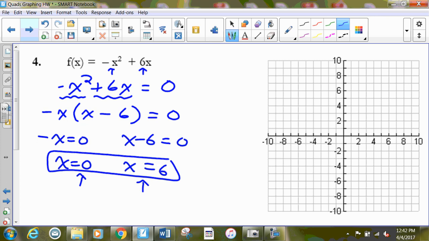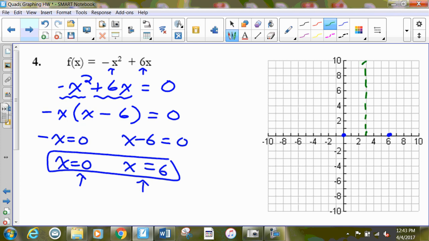So now we're going to graph the two x-intercepts. We're going to graph them at 0 and 6. And now we need to find our middle so that we can find our vertex. So let's look at what's in the middle between 0 and 6. Well, halfway is 3. So we're going to put our line of symmetry here.